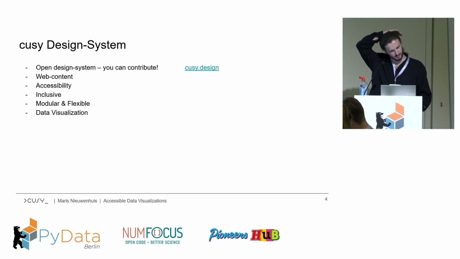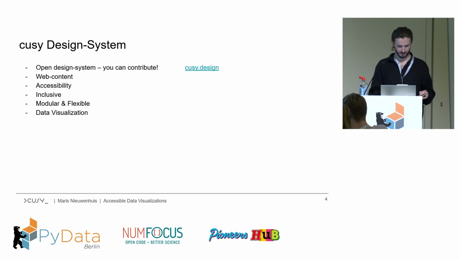We do instructions for everything web content, not only about accessibility but also about inclusive writing, and we present different solutions, software solutions, web components that are modular and flexible. And we have a big section on data visualization that we are currently expanding. And yeah, that was the main part I was working on, making the data visualization more accessible.